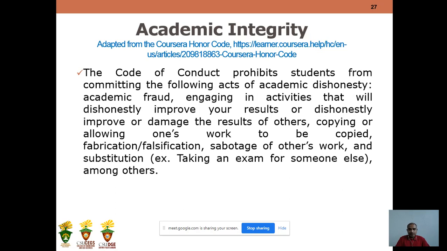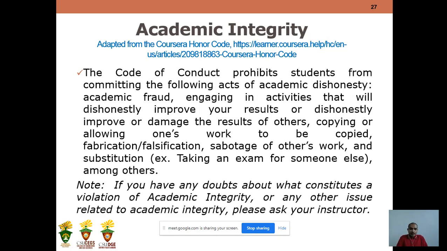Sabotage of others' work, and substitution. For example, you are taking an exam for someone else, maybe because he is your crush. That's an academic dishonesty. If he is the one enrolled, he should be the one to take the quiz, not someone else. And there are many more kinds of academic dishonesty. Basically, whatever you do that is wrong is a measure of academic dishonesty. They are all part of academic dishonesty.